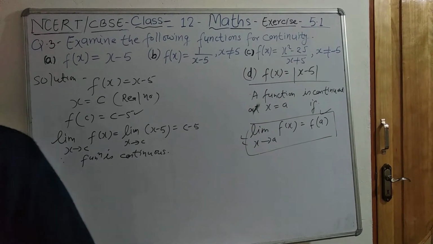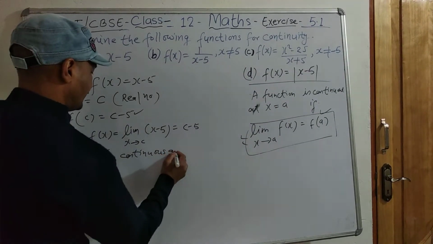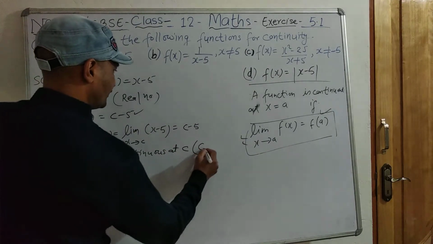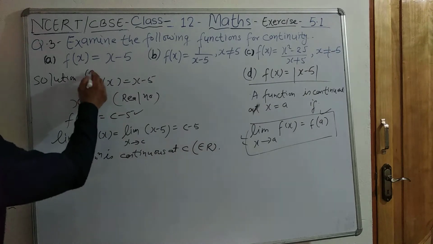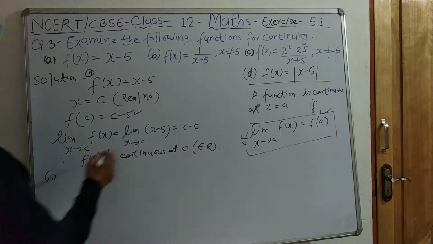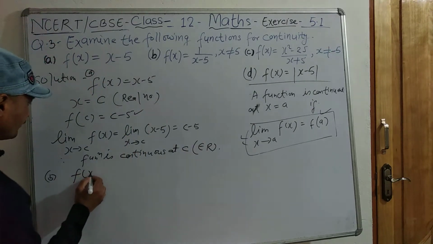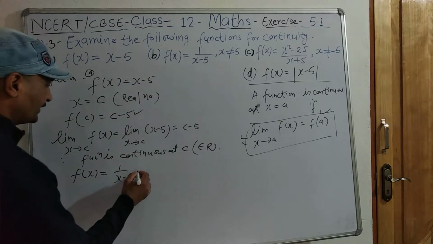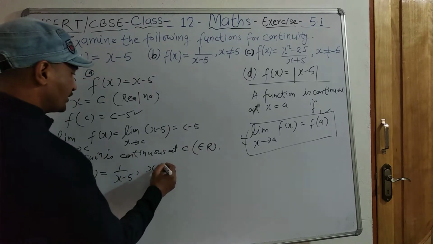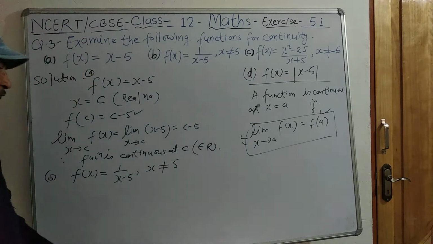So this is part one. This function is continuous at every point c, which belongs to the real numbers. Now part B: our function is f(x) equal to 1 by x minus 5, and one restriction is given here, x is not equal to 5. Why is it written here?